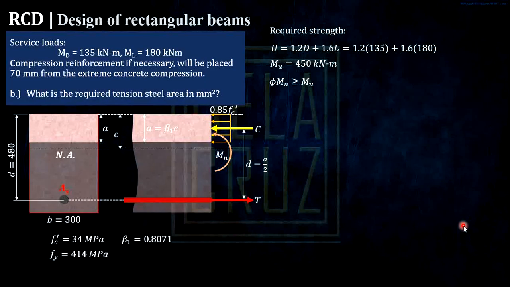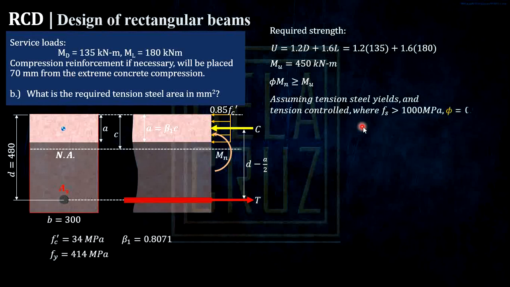Now let's proceed. Assuming tension still yields and is tension controlled, where Fs is 1000 MPa, and we will use the fixed reduction factor of 0.9, which is very advisable. Using this criterion, we will express this as Rn equals Mu over phi bd squared.